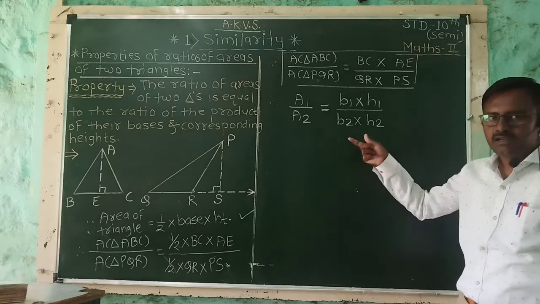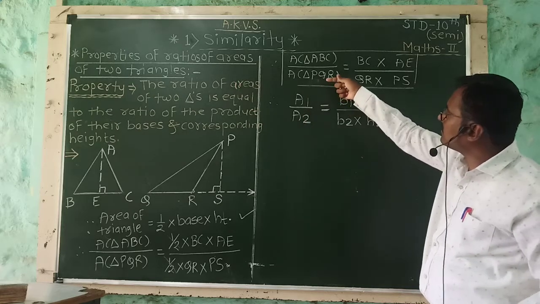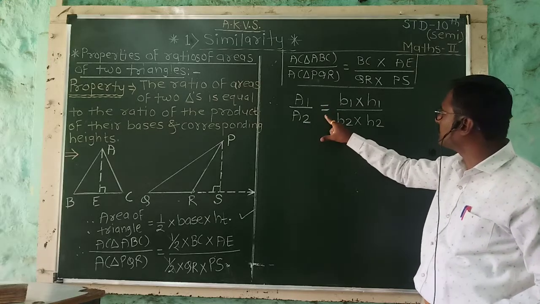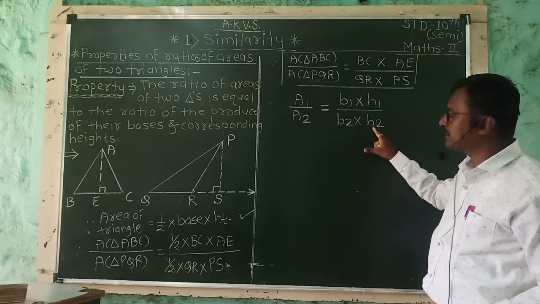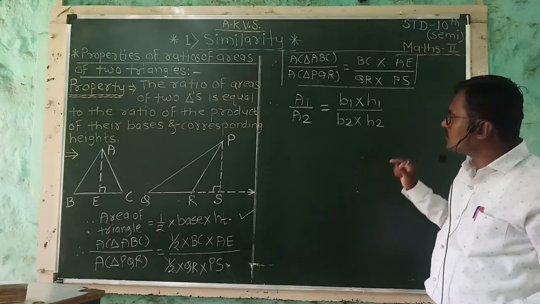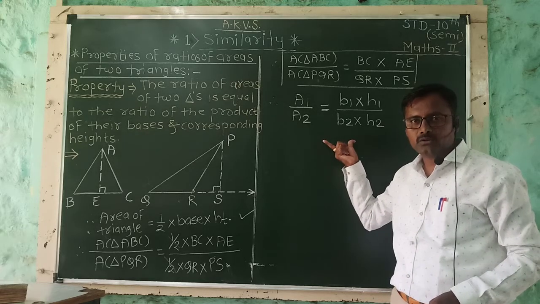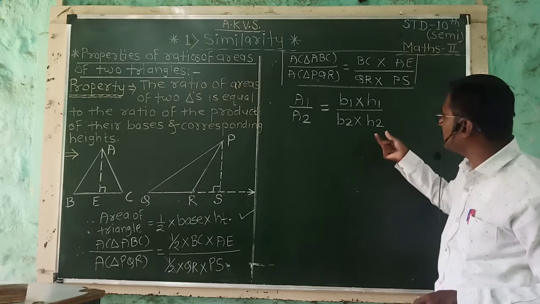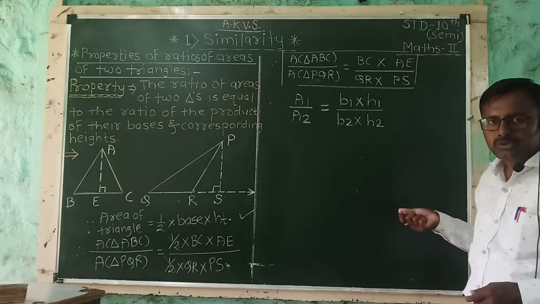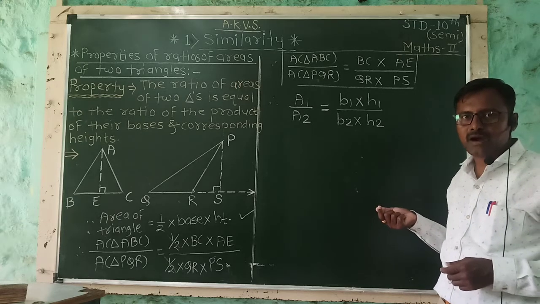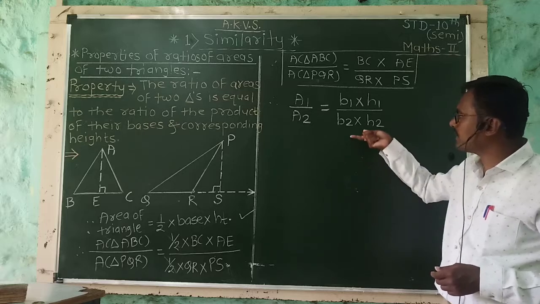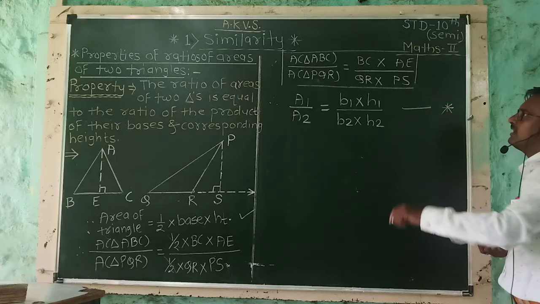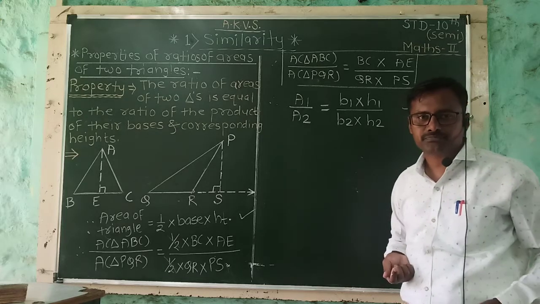So we get the formula A1 by A2 is equal to B1 H1 upon B2 H2. Using that formula, we have to calculate different required terms. They are going to ask you questions of 2 marks based on the above formula. Very important formula. This is the first formula from the chapter similarity.